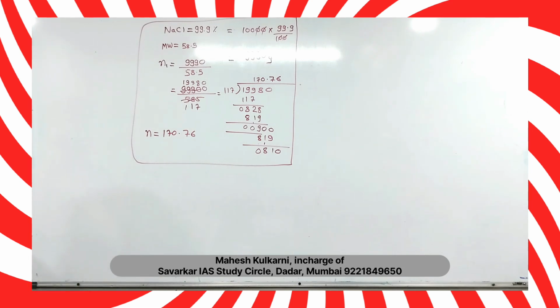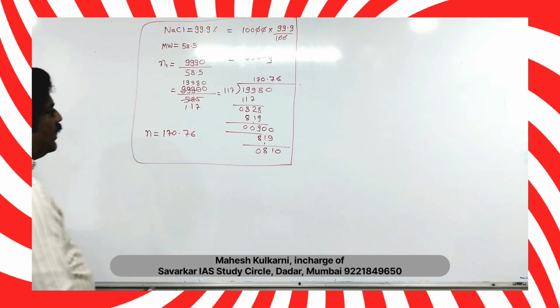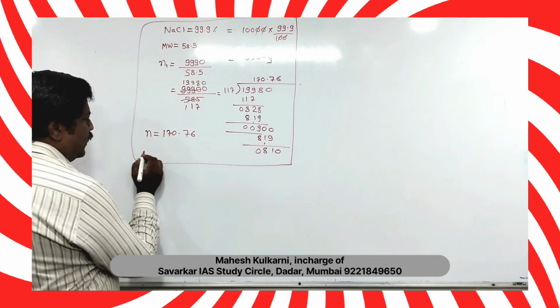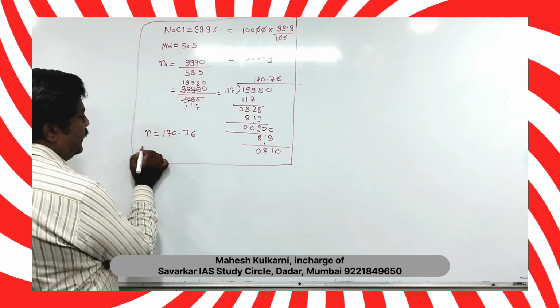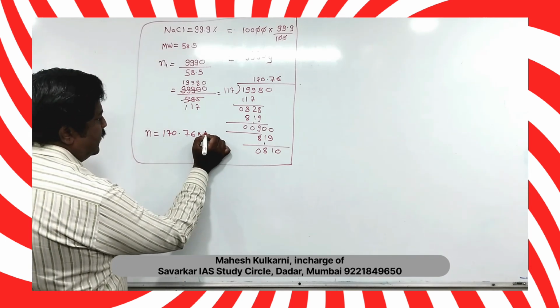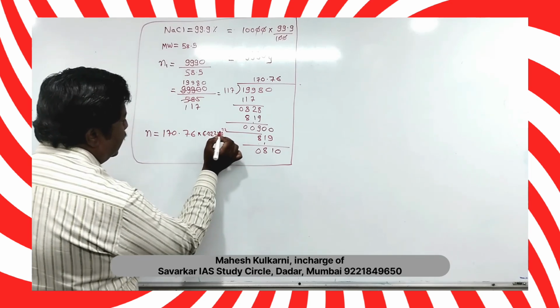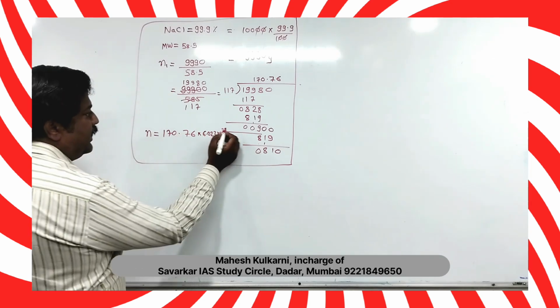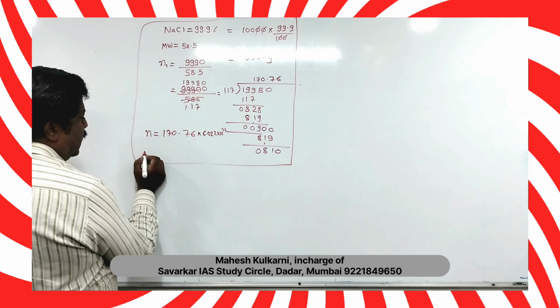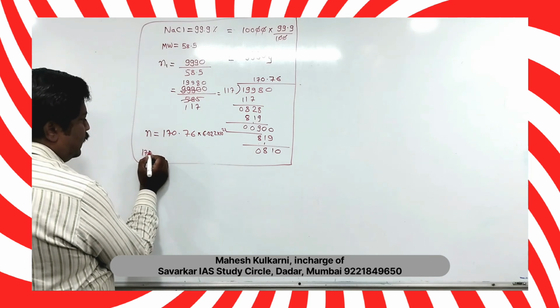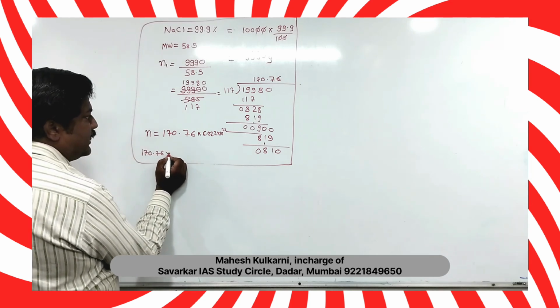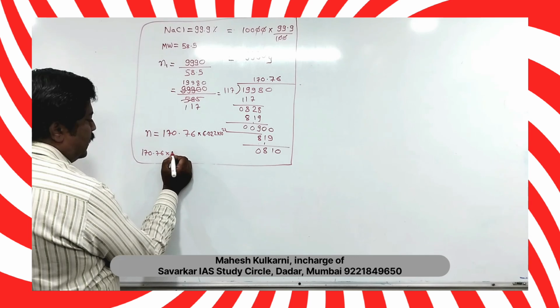But let me continue, we have to find out the number of molecules. So the number of molecules will be multiplied by 6.022 into 10 to the power of 23, and finally the number of protons. So I will write once again, it's 170.76 into the number of protons.